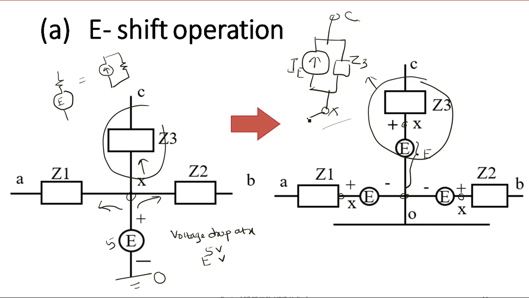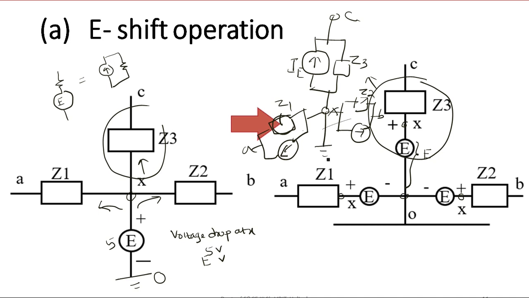Similarly, if you consider here, you will get another parallel combination, and here also you will get another parallel combination of the current and the equivalent impedance. Sorry, this will be Z1, this will be Z2. So you can call this point A and this point B, and this is grounded. Okay, so is that clear to everyone?